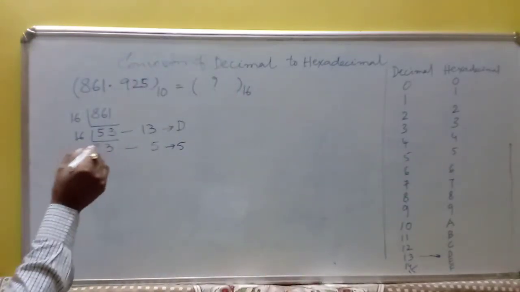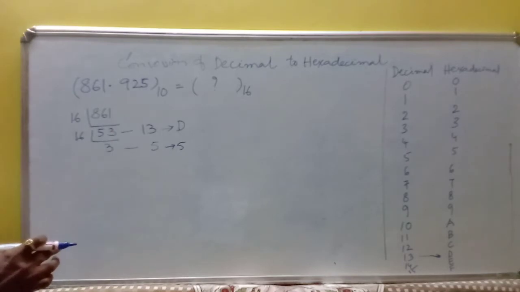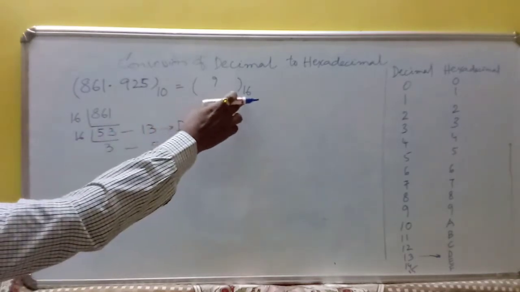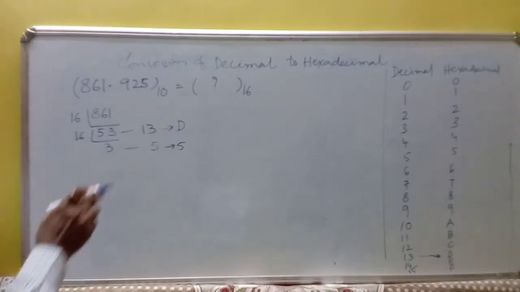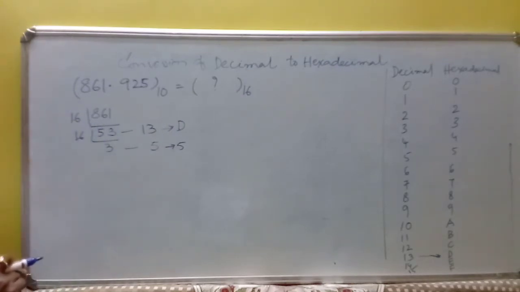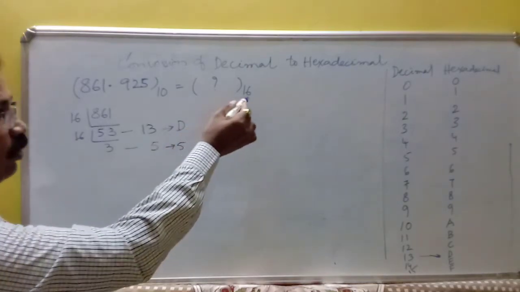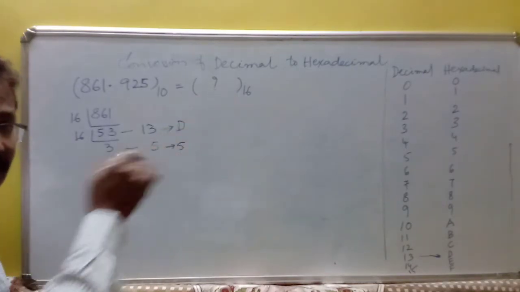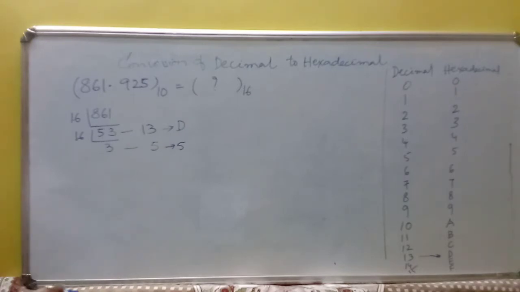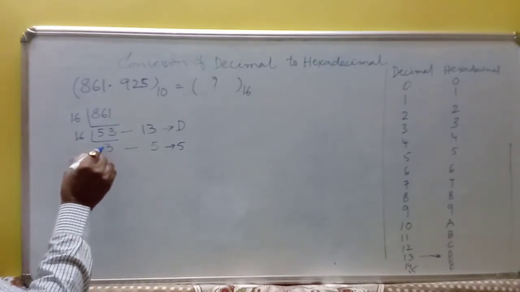This division process can be continued until the quotient becomes less than 16. So here the quotient is 3.